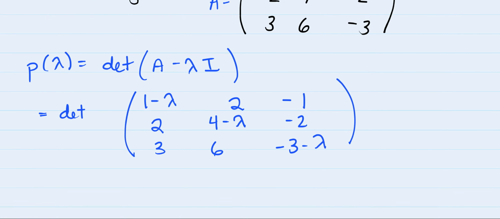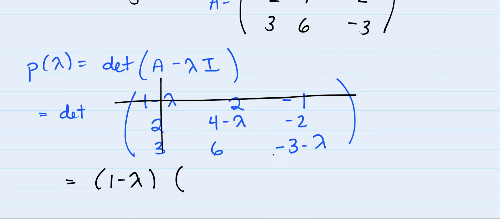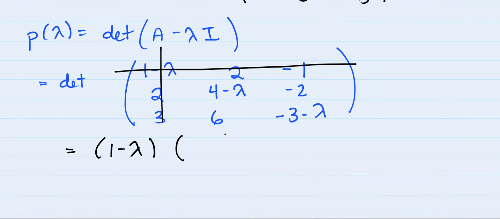I'm going to go over it and tell you what the determinant is, and you just need to double check it. Remember, I'm going to go along this first row. So this is 1 minus lambda times, well, you cross this one out and this one out and take the determinant of this smaller matrix. This is 4 minus lambda times a -3 minus lambda minus a -12.